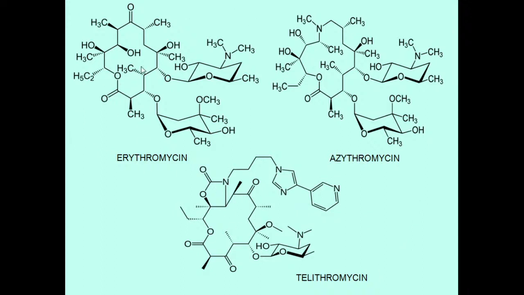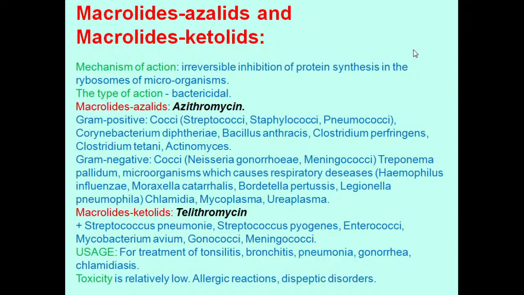But this one is a simple macrolide. Azithromycin is a macrolide azalide, and telithromycin a macrolide ketolide. Azalides and ketolides have bactericidal activity. That is why we discuss these macrolides azalides and macrolides ketolides.